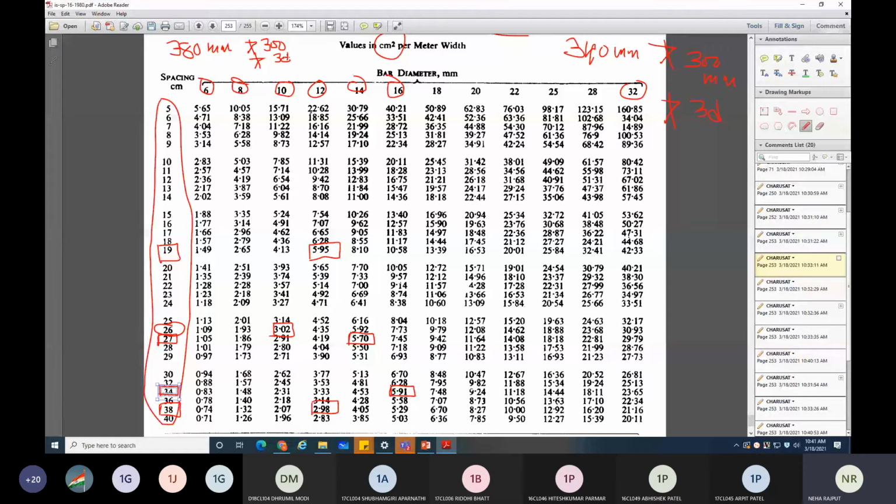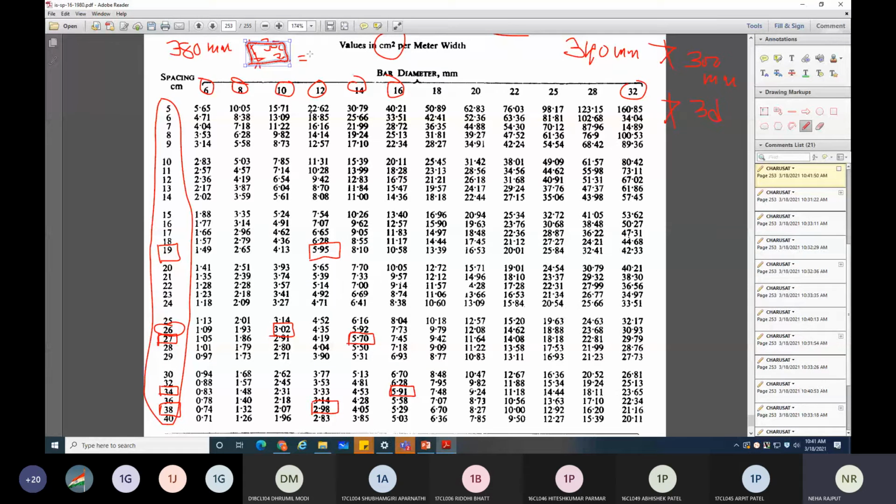Now your 3D should not be more than 300 mm at least, and should be less than your 3D. So at least the distance you are going to provide is not more than 300. So for 12 mm diameter you need to restrict your spacing to 300 mm.